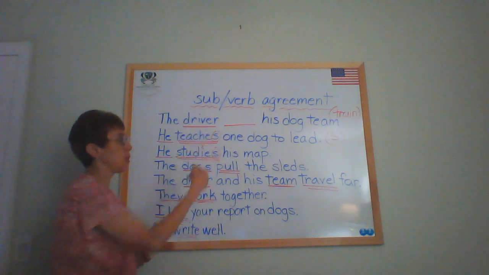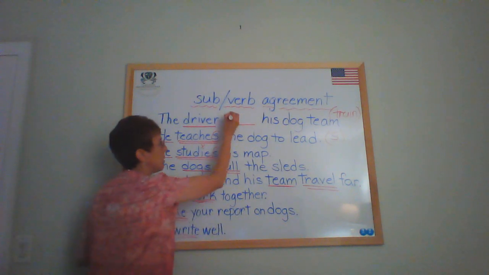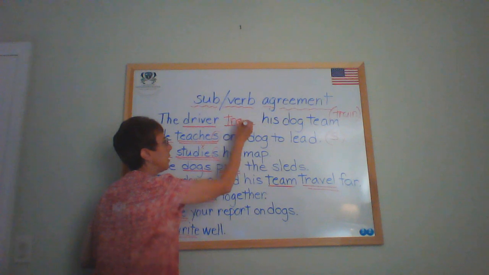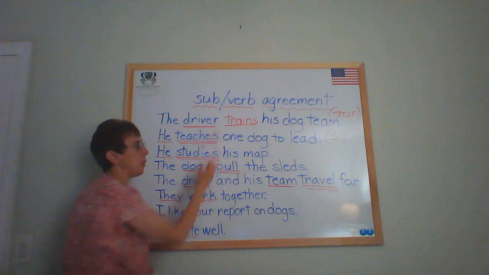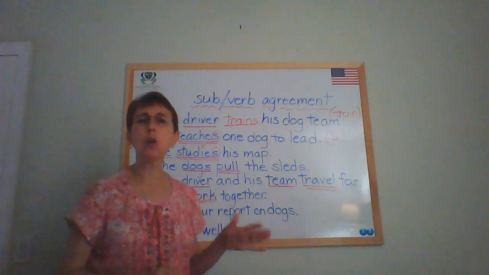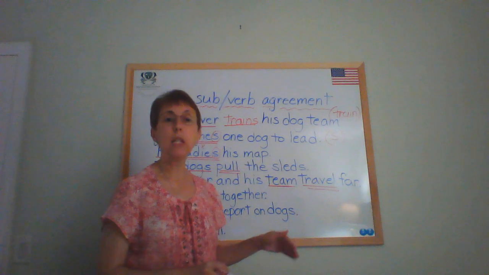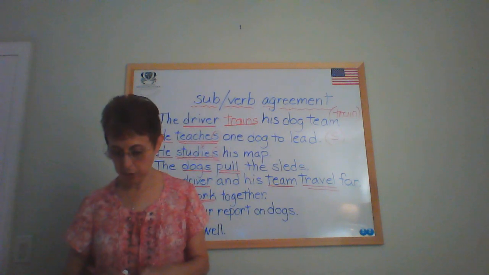The driver train or the driver trains. We've already done this one, so you know that the correct answer is trains. That's subject-verb agreement, singular, singular. So all you need to do in the middle, even though it says write each sentence, you don't need to write the sentence. You only need to write the correct present tense verb that you would use.